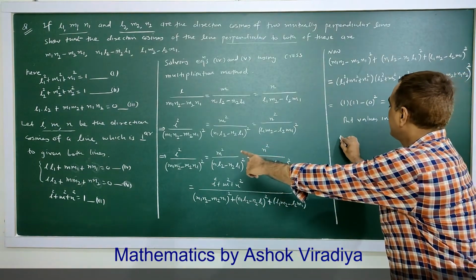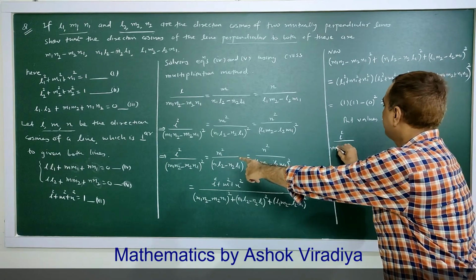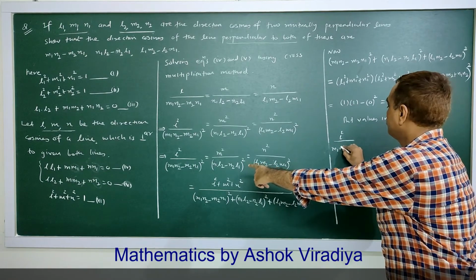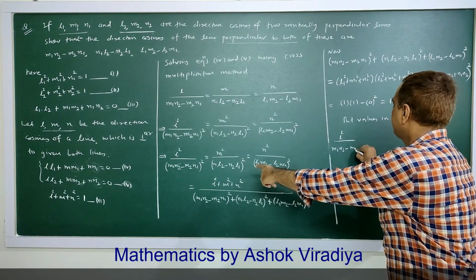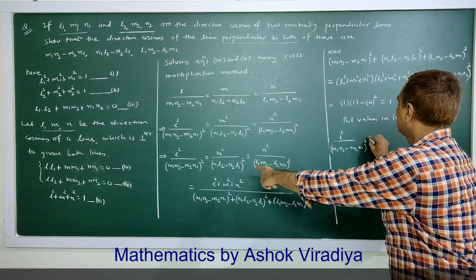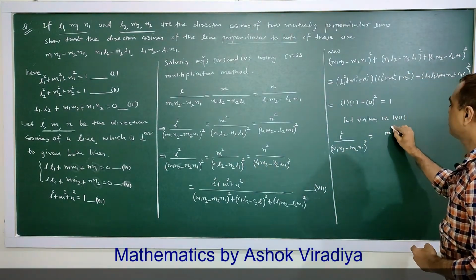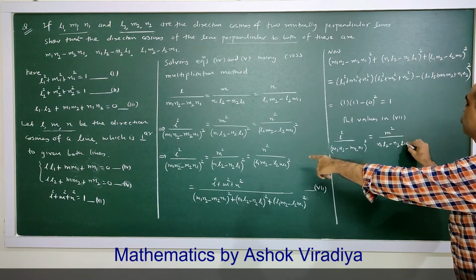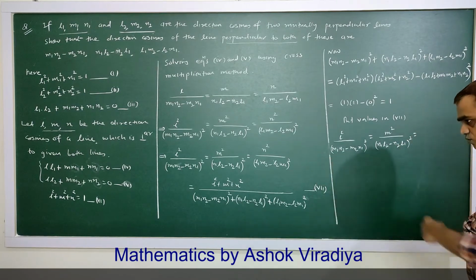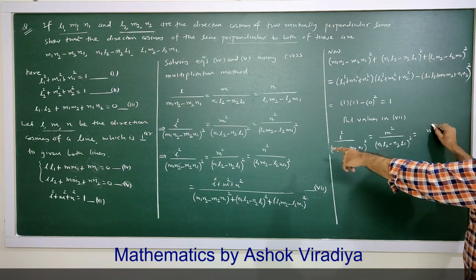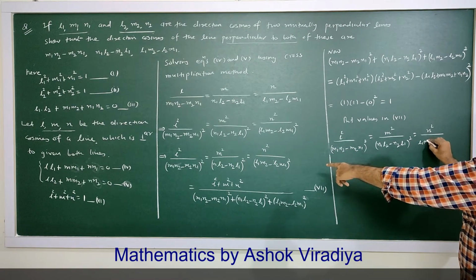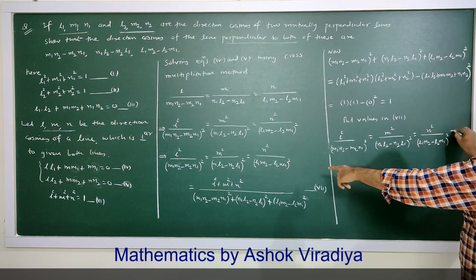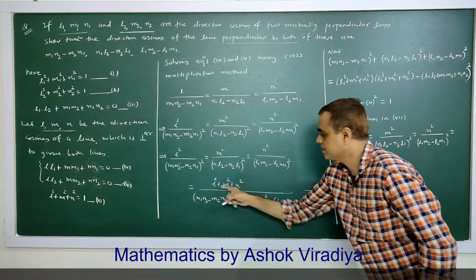So we have L square upon (M1 N2 minus M2 N1) whole square equal to M square upon (N1 L2 minus N2 L1) whole square equal to N square upon (L1 M2 minus L2 M1) whole square equal to, now how much is this?